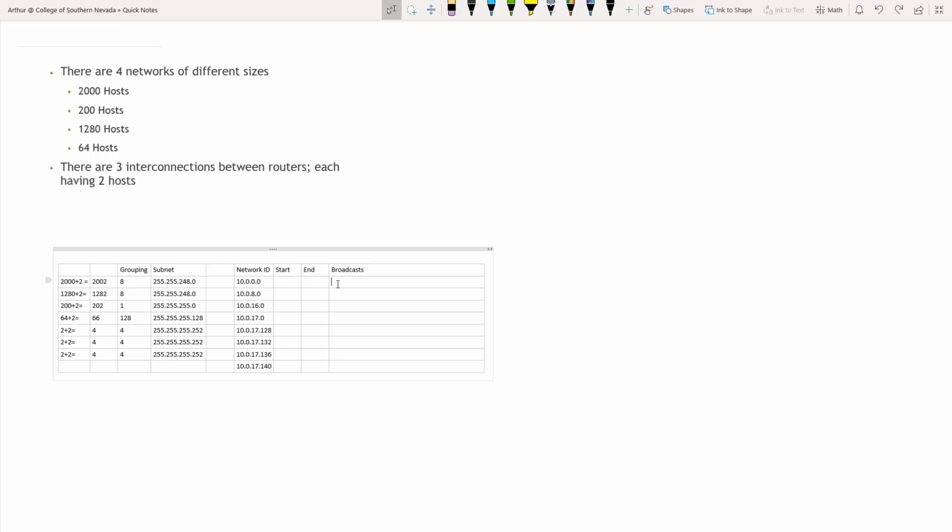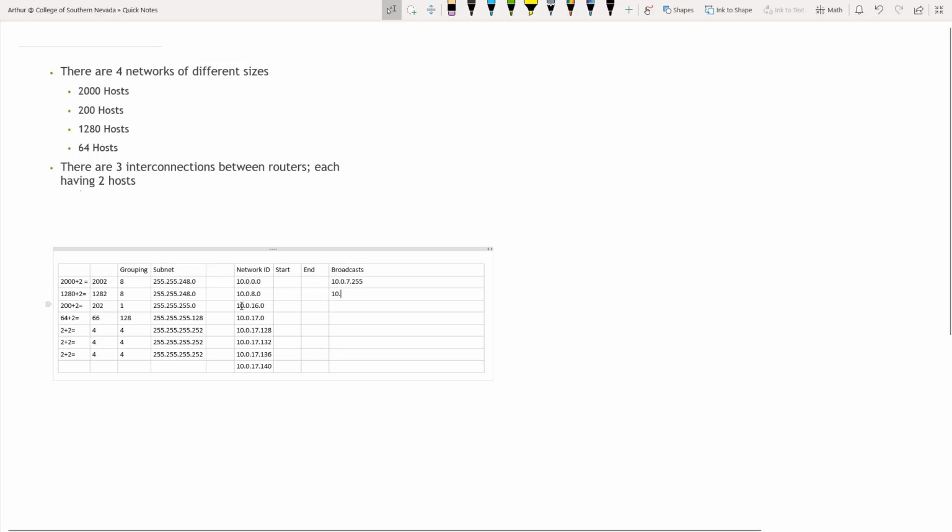We can't subtract 1 from 0, so we're going to subtract 1 from the third octet. And we get 10.0.7.255. Again, I have a video explaining how to do the math on that already. And we just work down our chart.